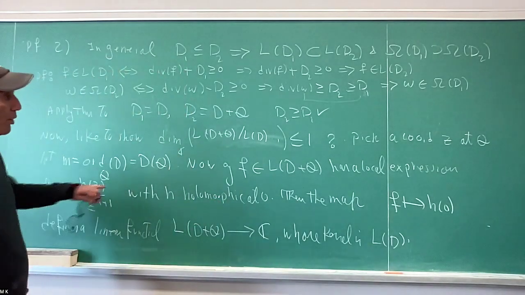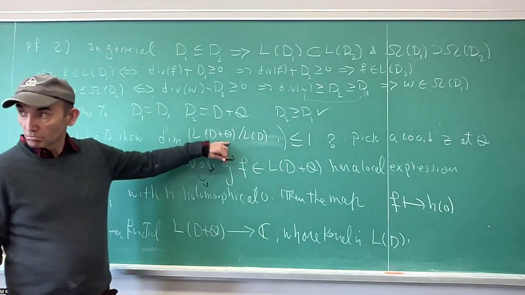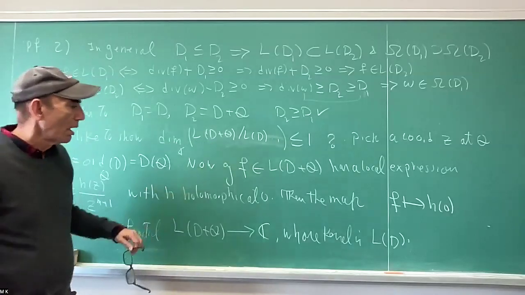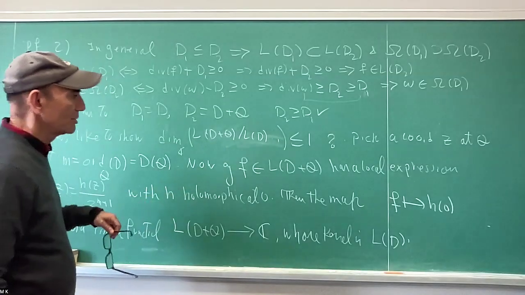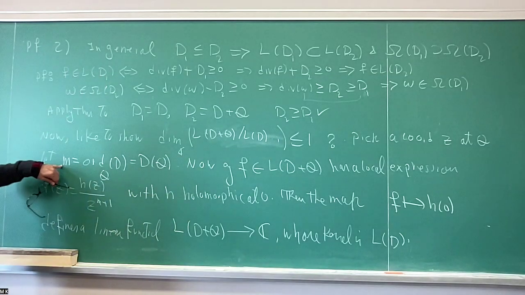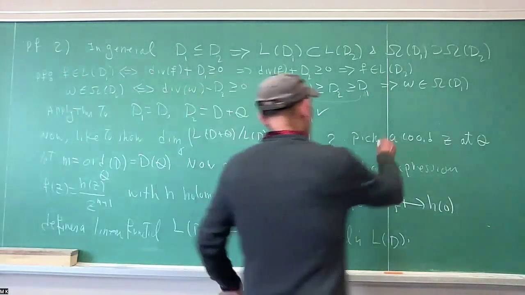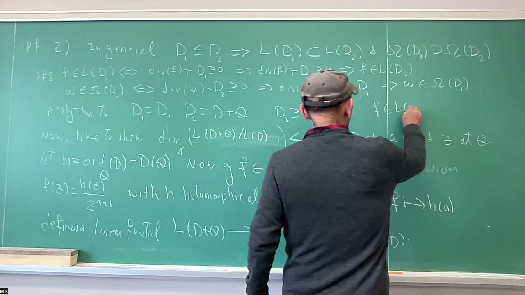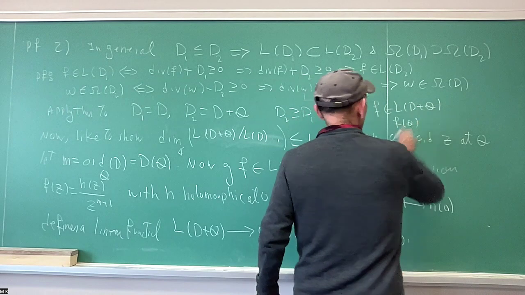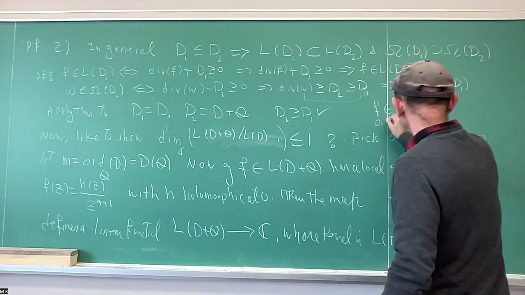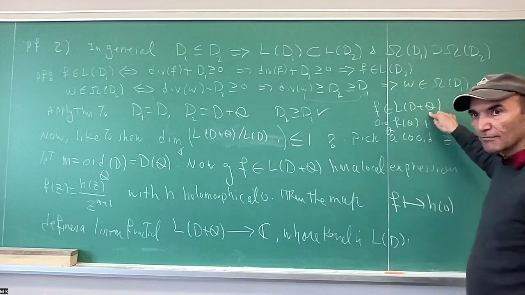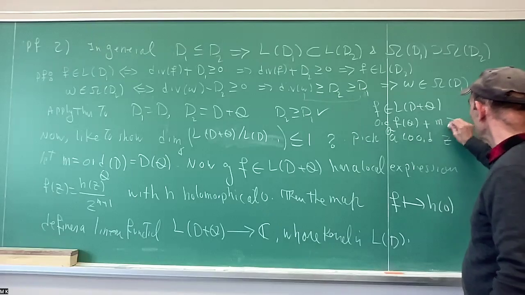First of all, we know that f belongs to L of D plus Q, right? So what does this mean? It means that at Q, the order of f at Q plus the order of this guy, which is m, has to be bigger than or equal to 0.